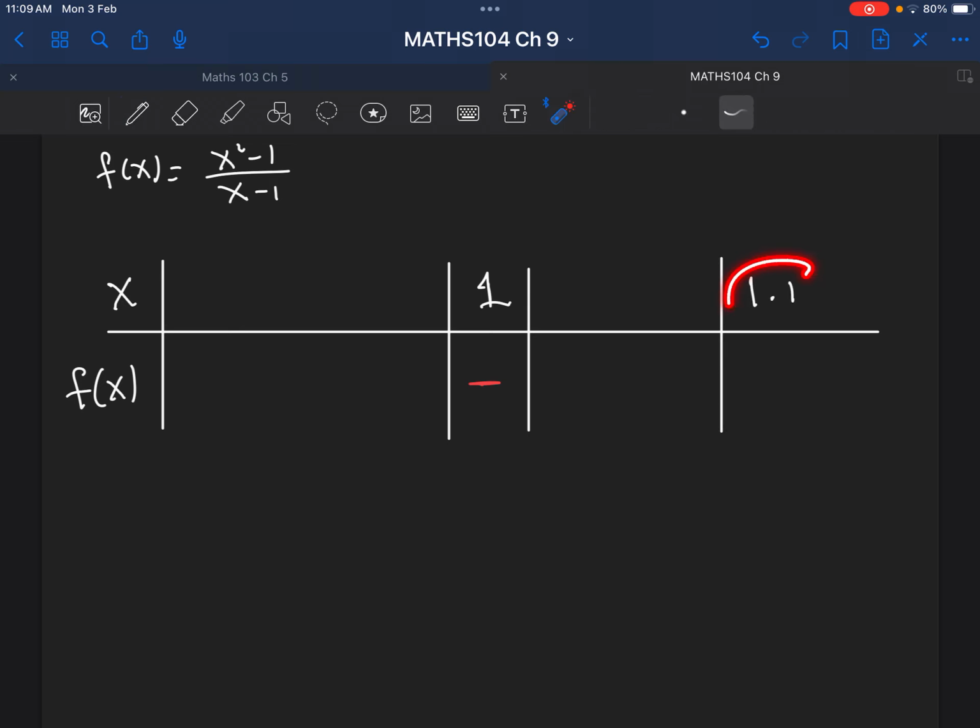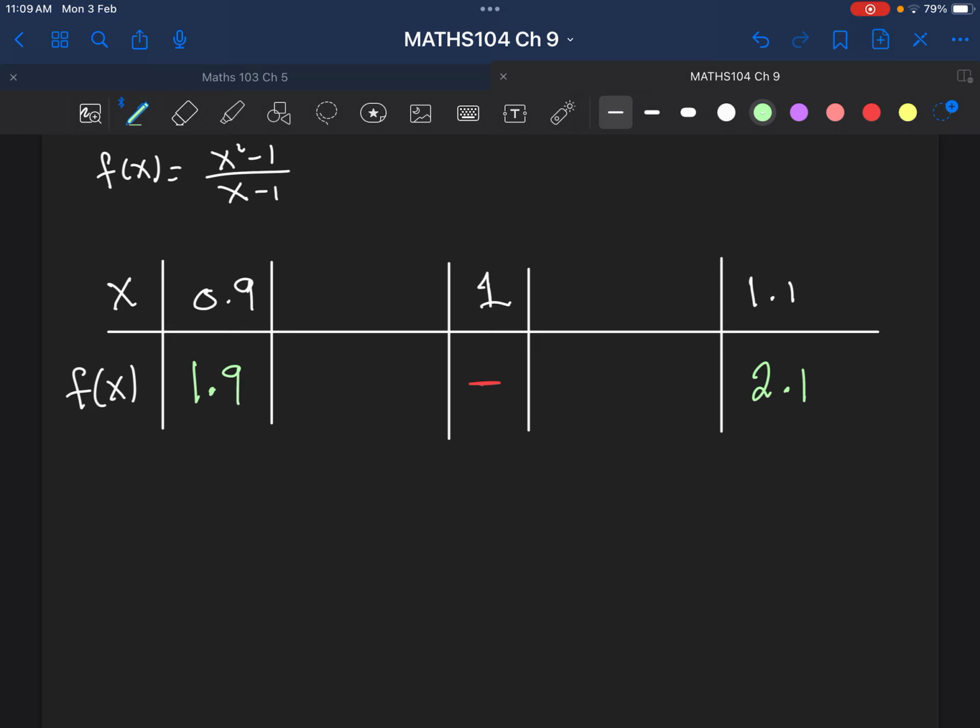If we have a calculator and substitute 1.1 in this function, what you will get is 2.1. Now, let me have another number which is close to 1, maybe 0.9. If we plug it in with the calculator, it will be 1.9.